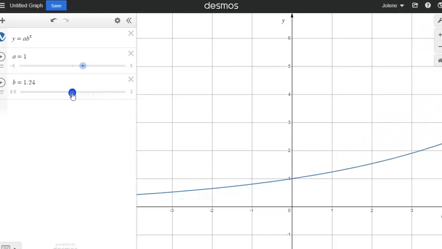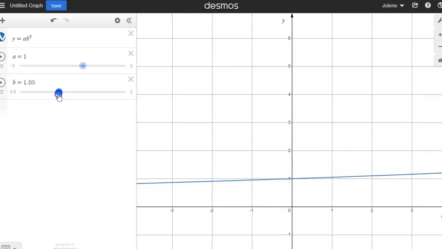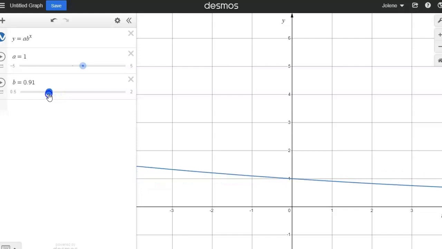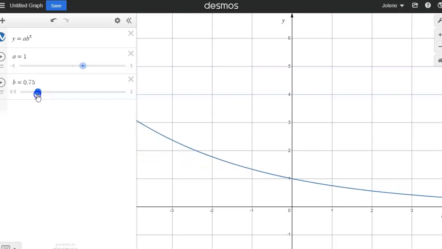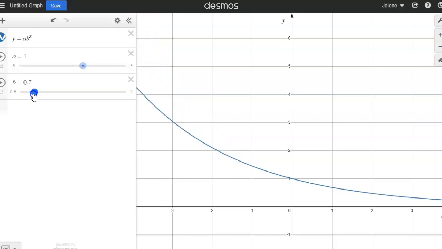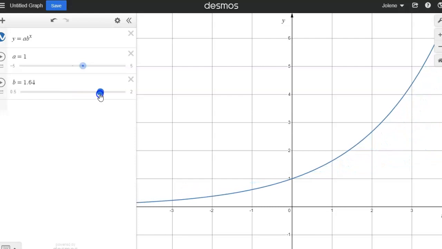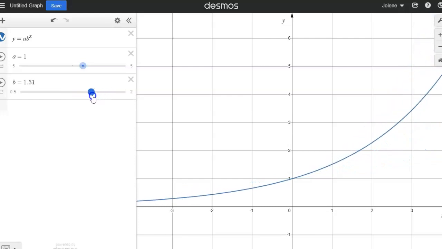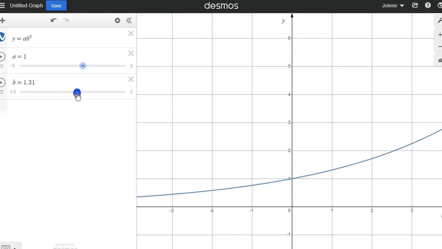So if I go back to 1, and now I go below 1, right? So at 1, we get the straight line, and then if b is below 1, we get exponential decay. And you can see that a is 1, so it's always passing through 1 when x is equal to 0.